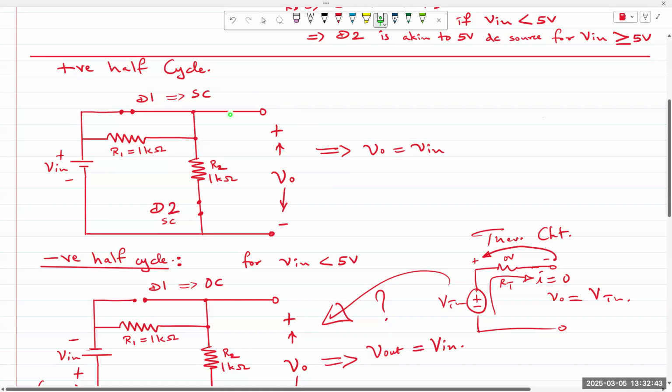But now, if V in goes negative, that's when the Zener diode is reverse biased, and that's where we need to look at the value of VZ.